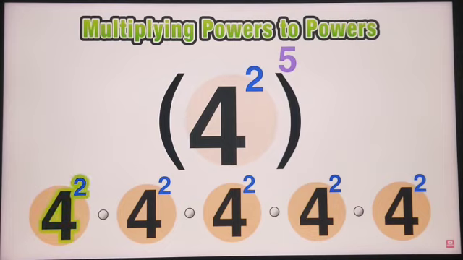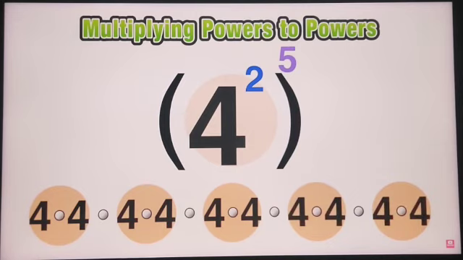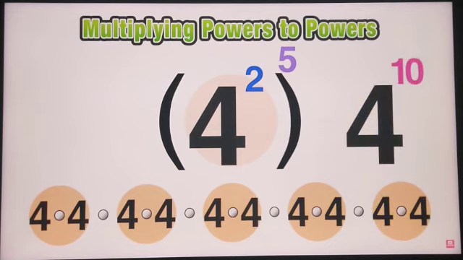Now to push this a little bit further, I know that 4 squared can be rewritten as 4 times 4. And I can rewrite the rest of the 4 squareds in the same way. So I replace each 4 squared with 4 times 4. And now I have one long expression with 1, 2, 3, 4, 5, 6, 7, 8, 9, 10 4s being multiplied together. So this is equal to 4 to the 10th power.